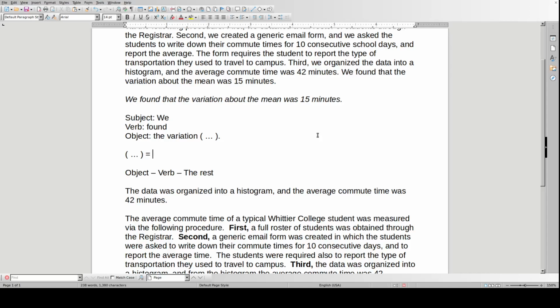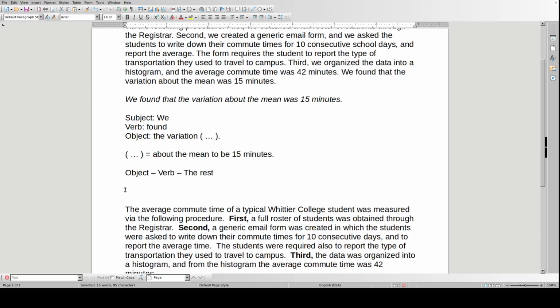So we found the variation, period. That would be a full grammatically correct sentence. So how about we put it into passive form and call it a day.